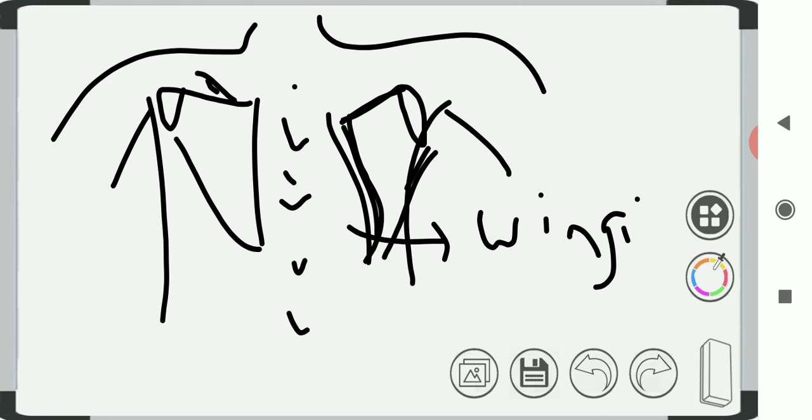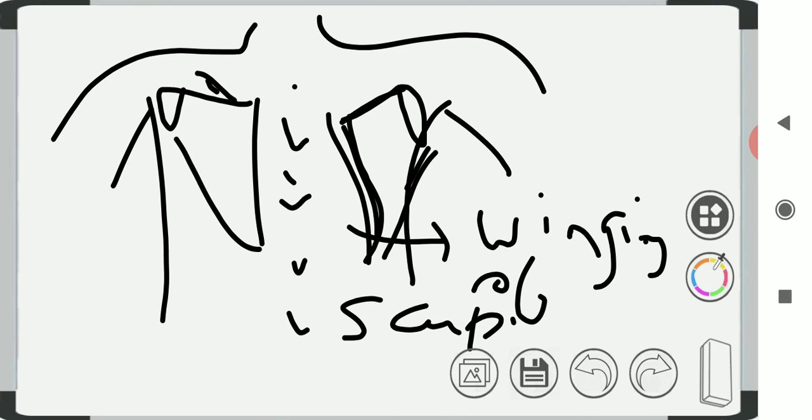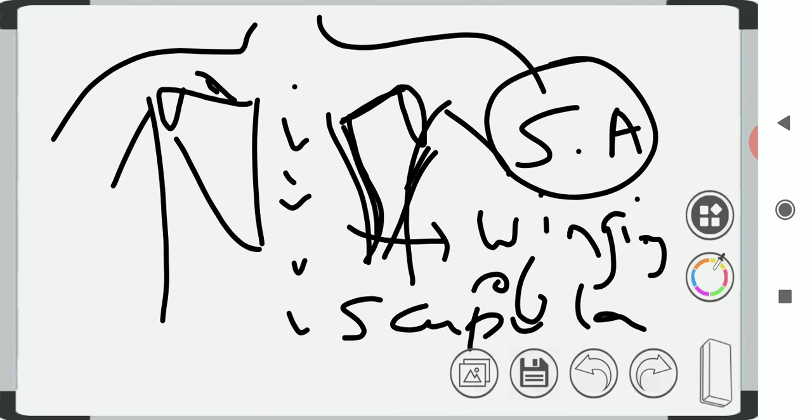When does winging of the scapula happen? It happens when there is damage to the long thoracic nerve, with paralysis of serratus anterior. When the serratus anterior is paralyzed, the medial border comes out of the thoracic cage and appears like a chicken wing or something similar. It's called winging of the scapula.